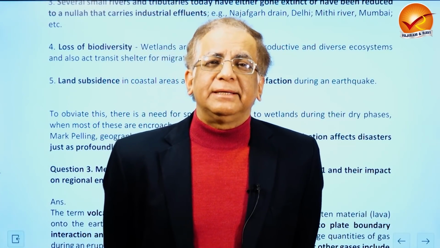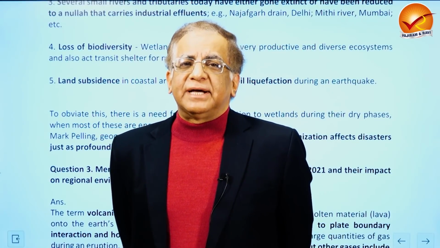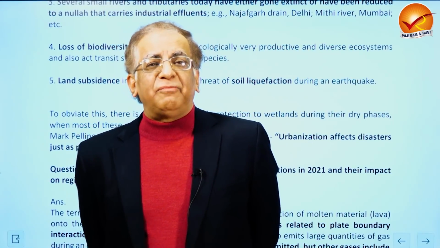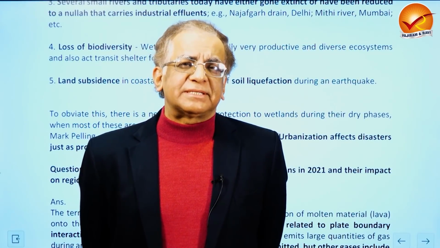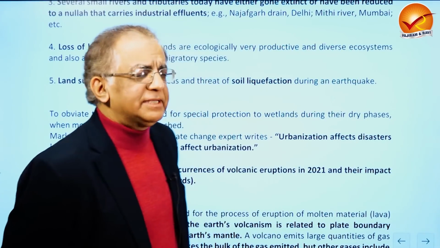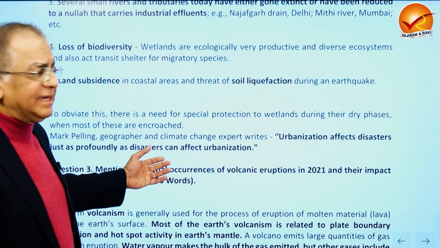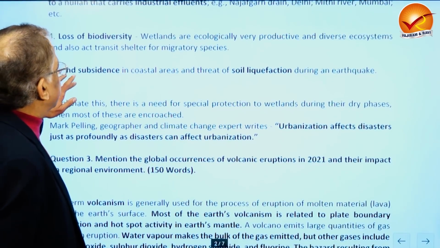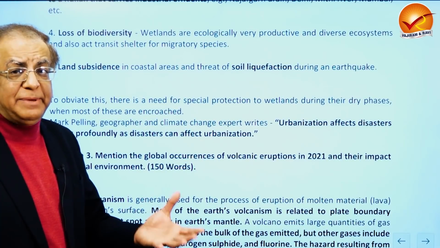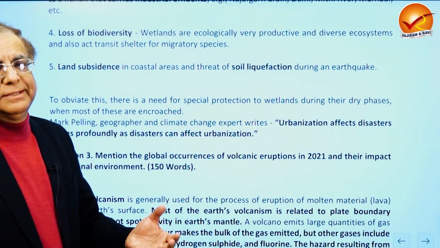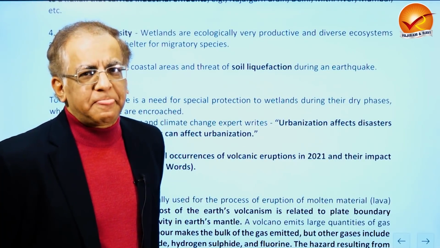More importantly, these are the sites in your urban areas which are the transit points of migratory bird species which come from thousands of kilometers away. And all these are not there if we have lost those wetlands in the city. So there is a clear loss of biodiversity because of the loss of the very habitat which can provide food for a number of species.